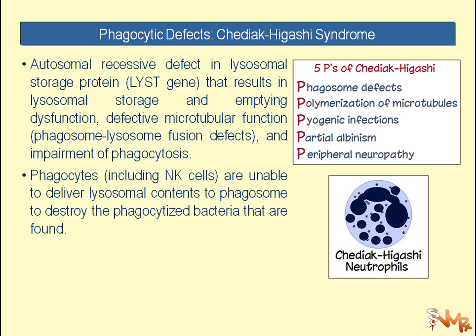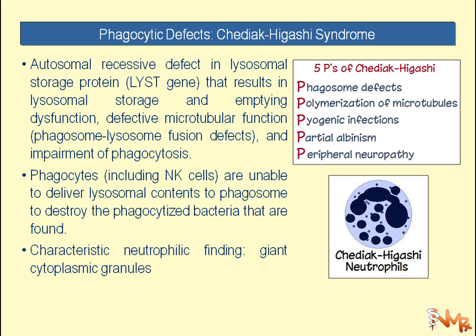Phagocytes, including natural killers, in patients with Chediak-Higashi syndrome are unable to deliver lysosomal contents to phagosomes to destroy the phagocytized bacteria. Characteristic neutrophilic findings in these patients are giant cytoplasmic granules, as you see in this diagram.